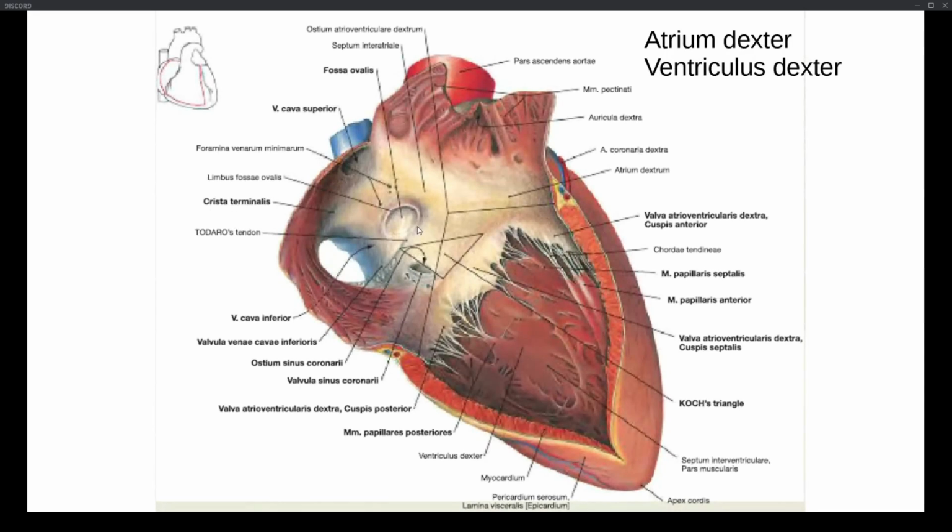So the fossa ovalis is actually a remnant of a connection from the right atrium to the left atrium, so between the atria, because in the fetus, the blood flows from each atrium to the other and has a direct connection, which of course you don't want at all in the adult heart, because otherwise you would have the deoxygenated blood mixed up with the oxygenated blood.